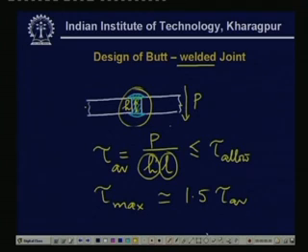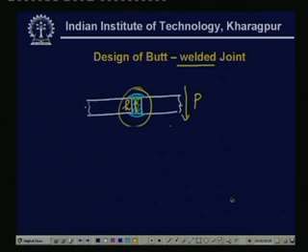If you talk of different kinds of butt joints, let us consider double U or J type butt joints, let us say double U. Here these are the two parts to be mated, and we insert weld melt here.